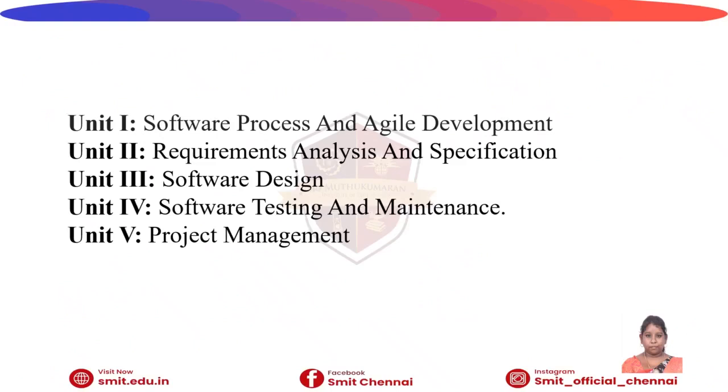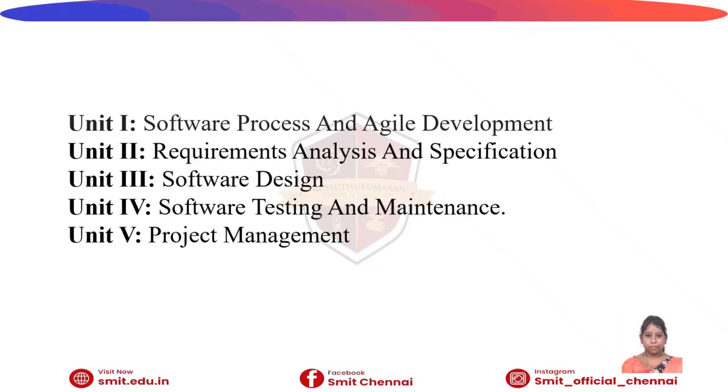Let us see the unit overview. In the first unit, we cover the software process with its life cycle, and in agile development, we focus on customer collaboration with rapid delivery of working software. In the second unit, we learn the method of collecting requirements from the customer, and we analyze and specify the requirements.